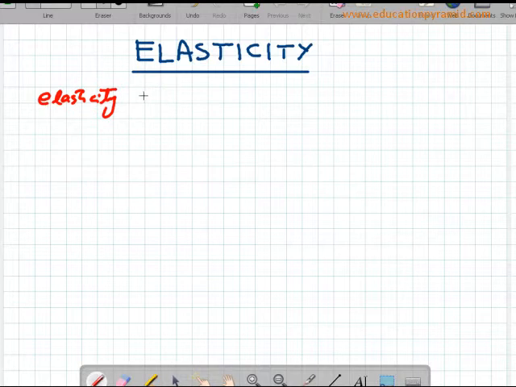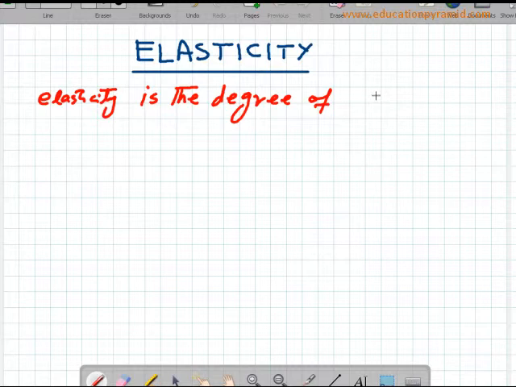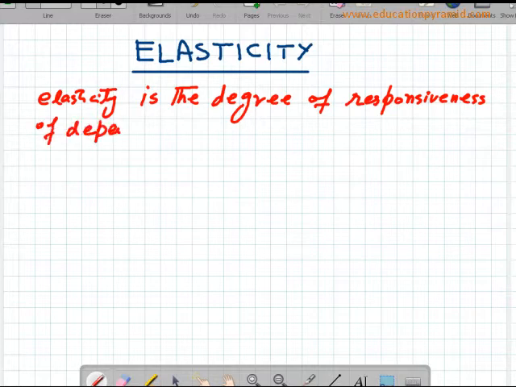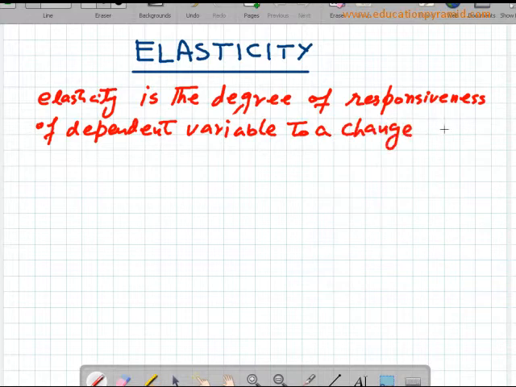Elasticity is the degree of responsiveness of dependent variable to a change in the independent variable.